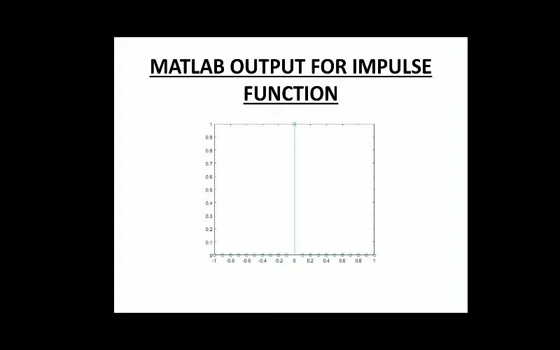But in the case of the step function, the magnitude was 1. So this value is 1 only for t equal to 0, and for other values it is 0. It is 1 for t equal to 0 and equal to 0 for t not equal to 0, as we have defined before.